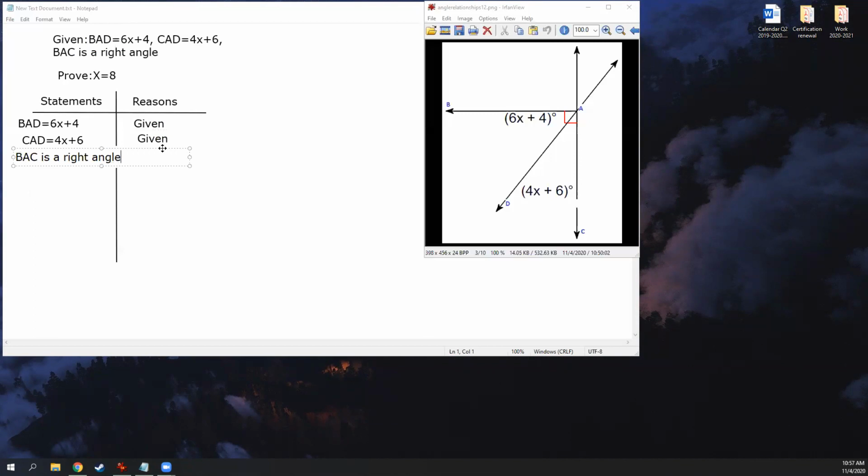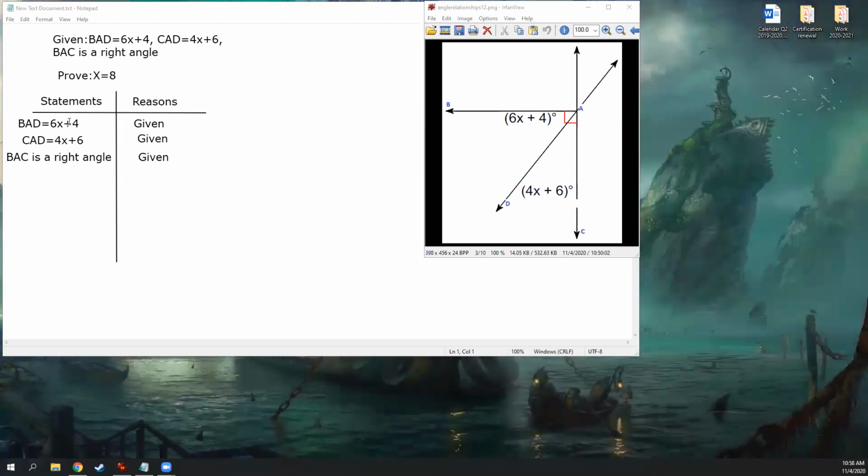Okay, so we've got 3 givens. There's quite a bit of information that they've kind of thrown our way. And we've got to prove x equals 8. Well, what I suggest is you look at all your givens and see if there is anything you can do with them individually.